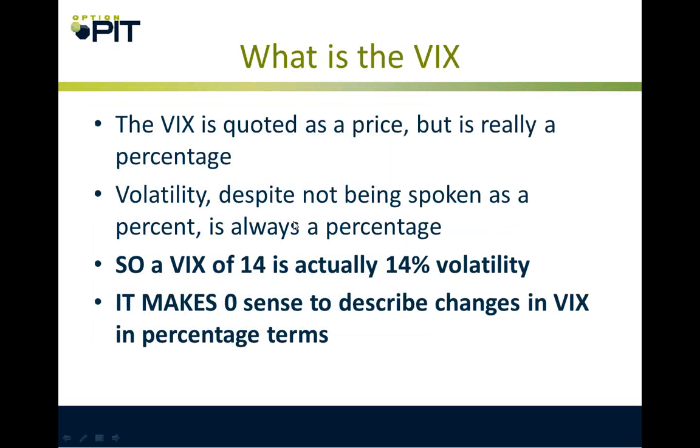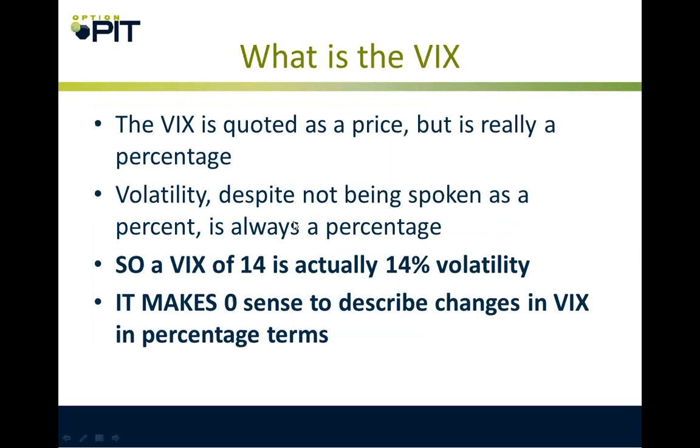So now what is the VIX? The VIX is quoted as a price, but it is really a percentage. Volatility, despite not being spoken as a percent, is always a percent. Just like all the other things we quote, well, really, batting average is a percentage.